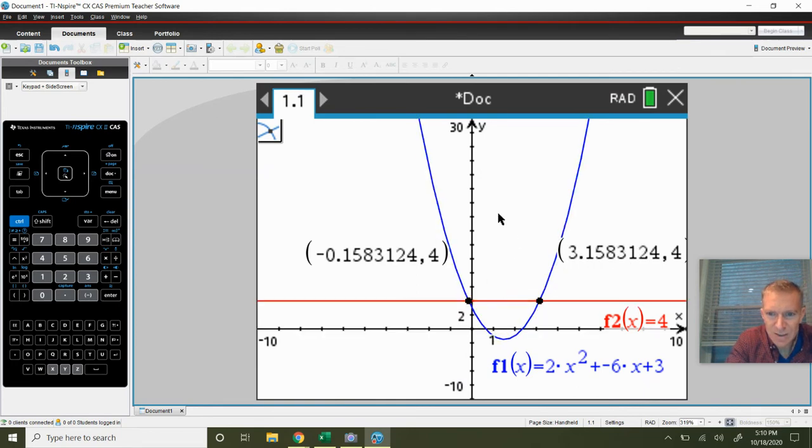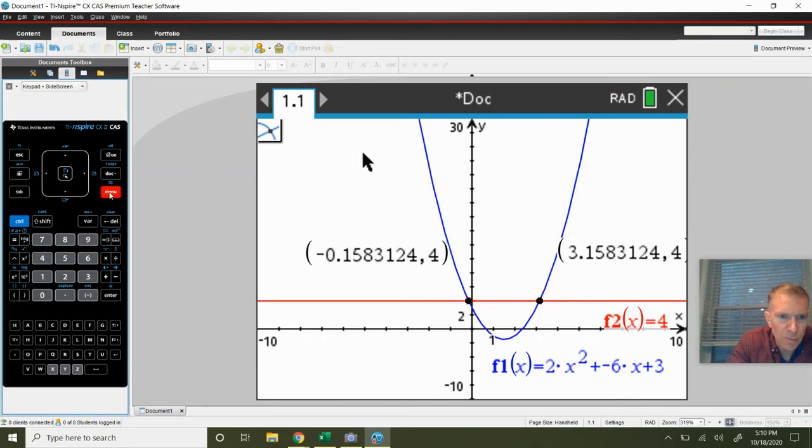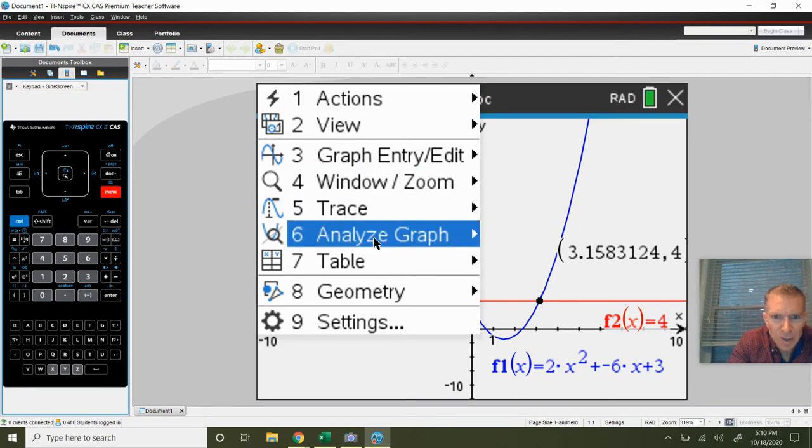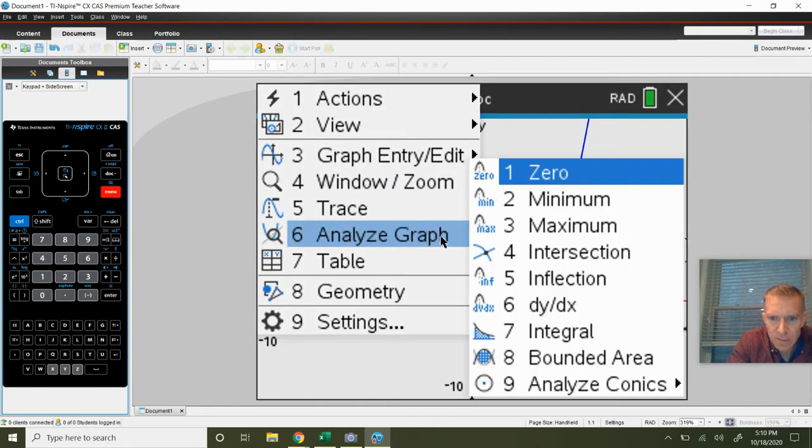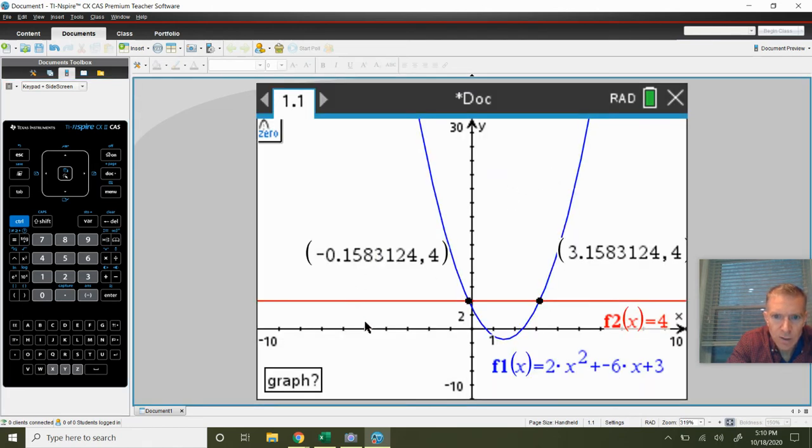Okay, we're finding the zeros. So there is under menu. Now here you probably want to do analyze graph, and then number 1, find the zeros. Okay. Now, which graph do we want to find the zeros of? Well, we're not finding the zeros of that horizontal line. We're finding the zeros of this graph. And now it's asking me, see, there's 2 of them. So we have to go to the left.